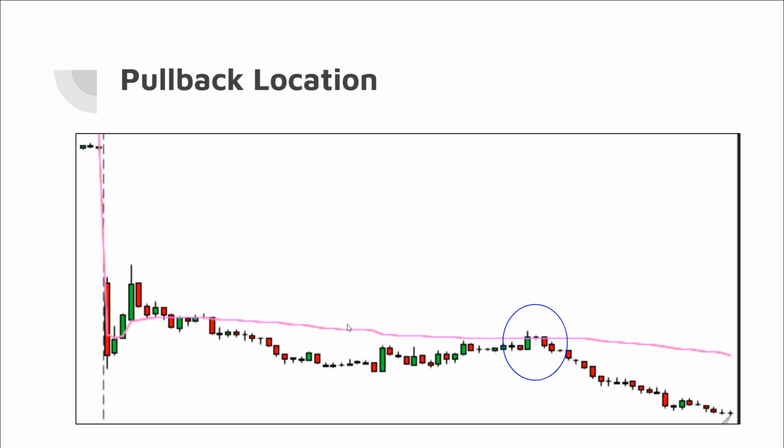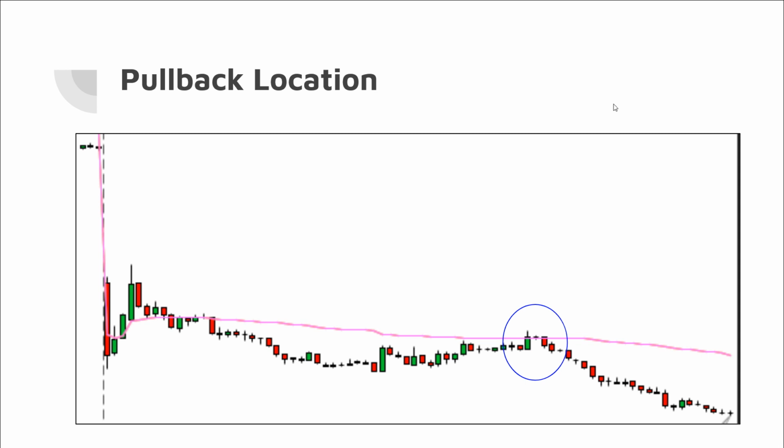You can see that we are combining the first two concepts to find these key entry points. And even if you were to use the first concept, you can see that there's a bit of a breakdown right here underneath the VWAP. That gave some nice follow through too.